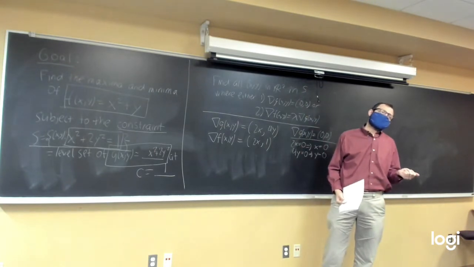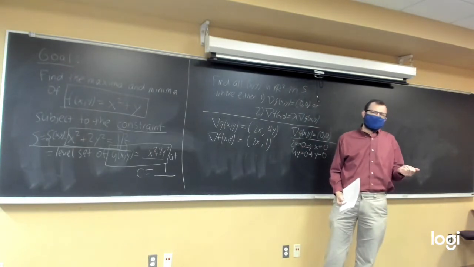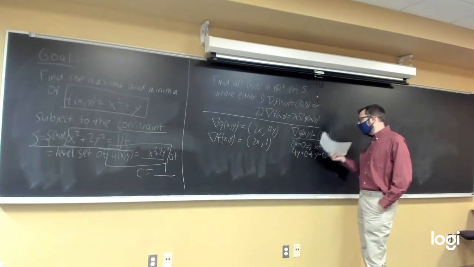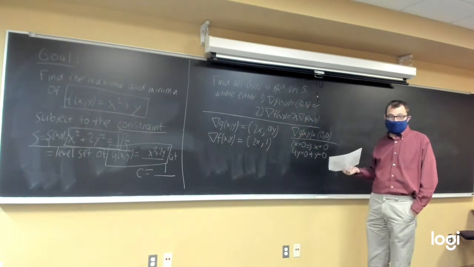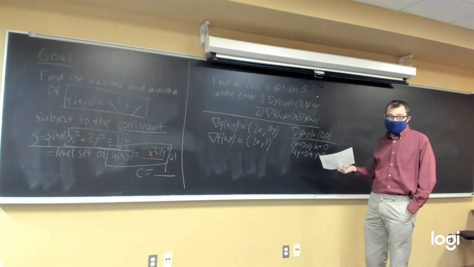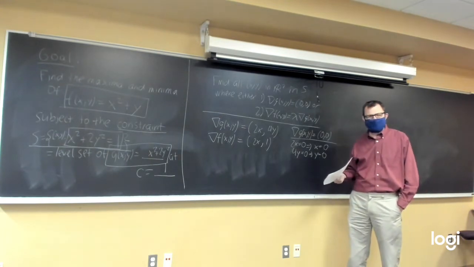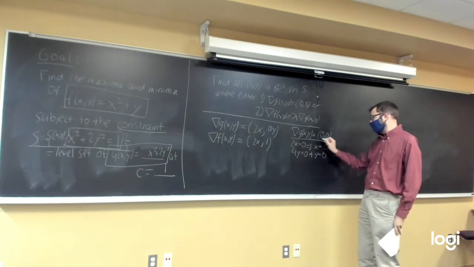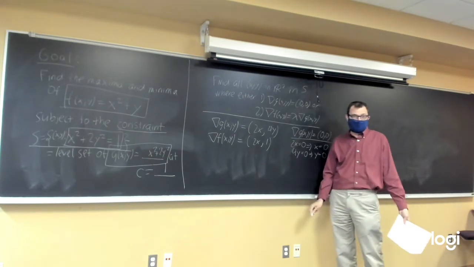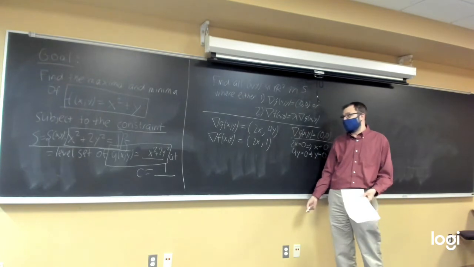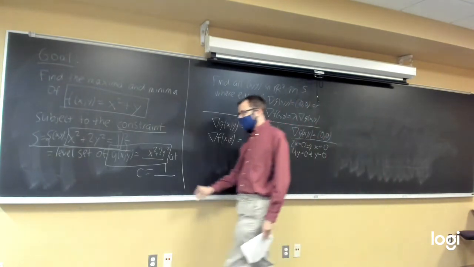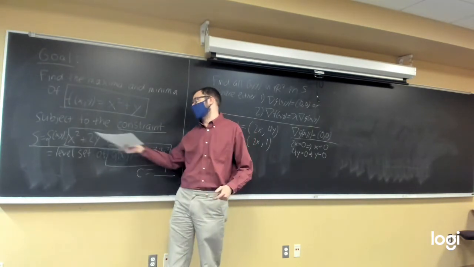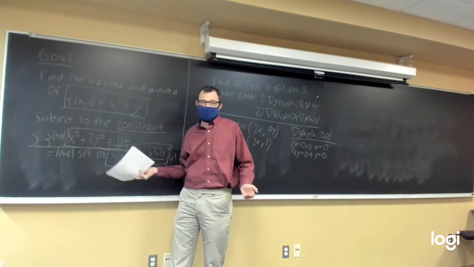Brianna, why are you shaking your head? So Brianna is going to take issue with this. She says that this is not going to be a point in the set S where the gradient is 0. Why is that? That's right. The problem is, 0, 0 is going to be a point where the gradient of g is 0, but it's not going to be a point in the set S because 0, 0 does not satisfy this equation.